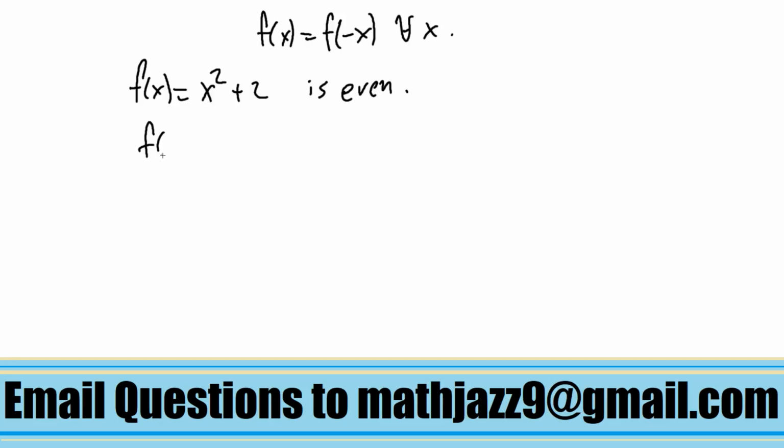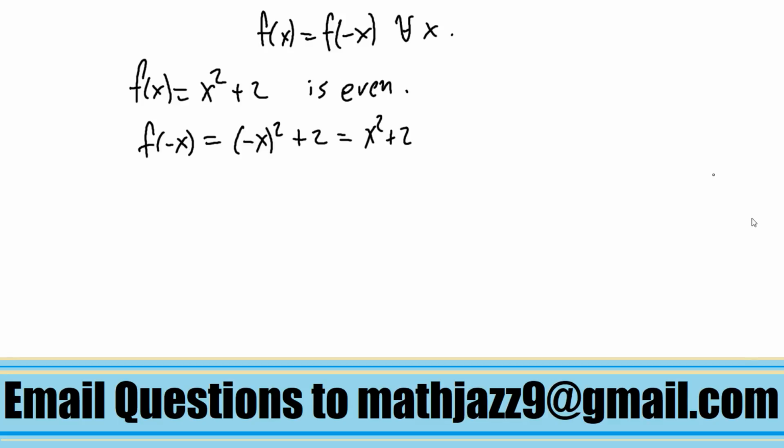Let's see what happens when we plug in negative x for this function. f of negative x equals, well, you just take the thing that's inside of the function and you plug it in wherever you see an x. So we get negative x squared plus 2, but negative signs in an even exponent will cancel. So x squared plus 2.